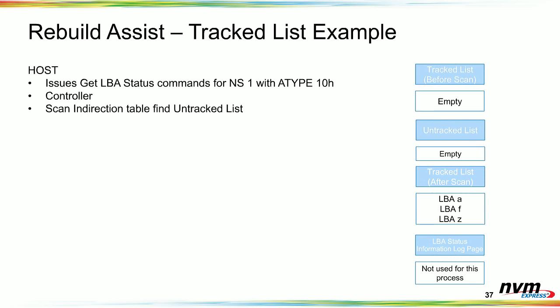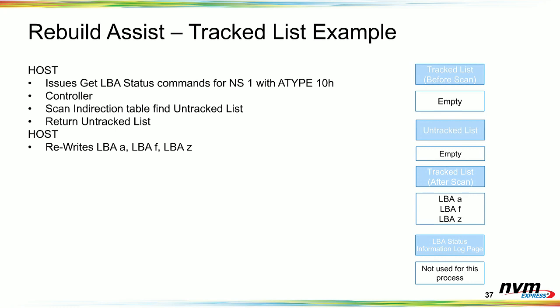The controller scans the indirection table to find the untracked list. That untracked list being any LBAs that it found through this scan that actually have potential problems. And it then returns that untracked list to the host.